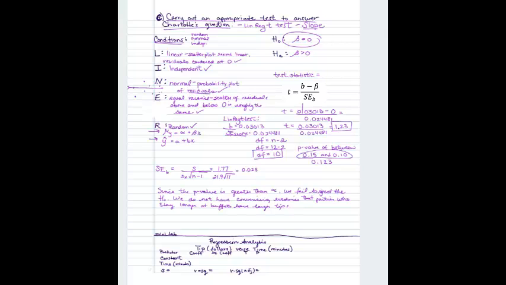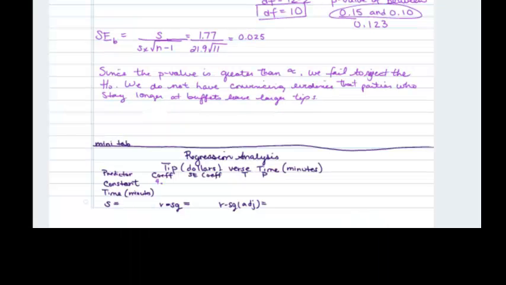What I've noticed is when I'm trying to do practice problems at the end of this section, you might not be given all this information. You might be given information in a Minitab output. So hopefully you'll start seeing where all these numbers are coming from.